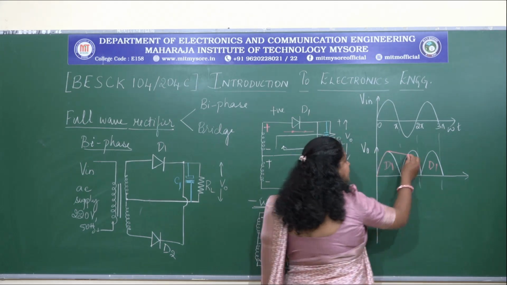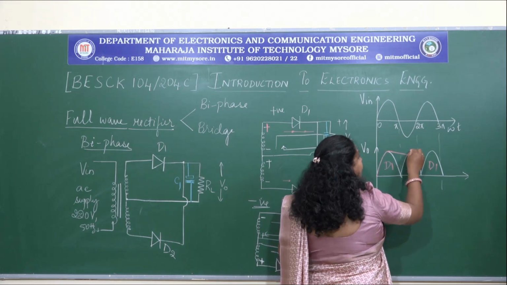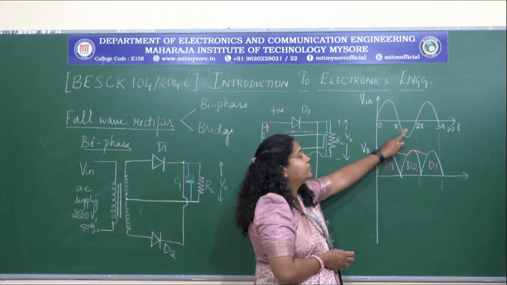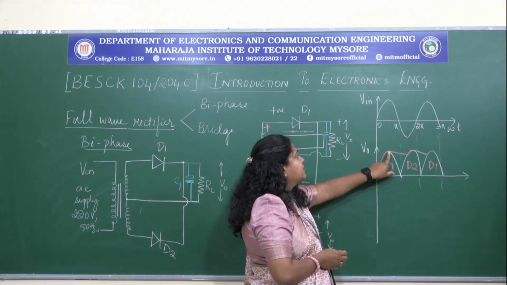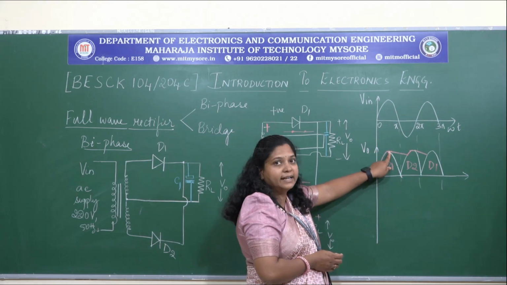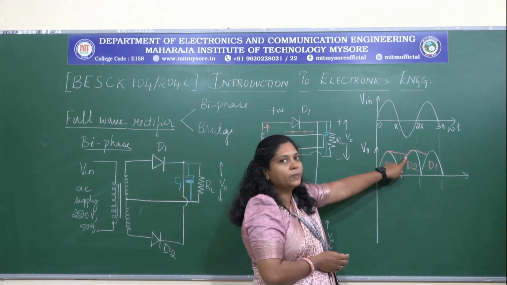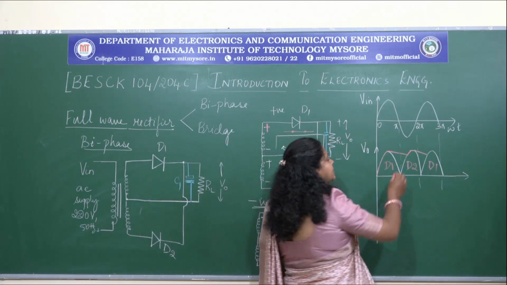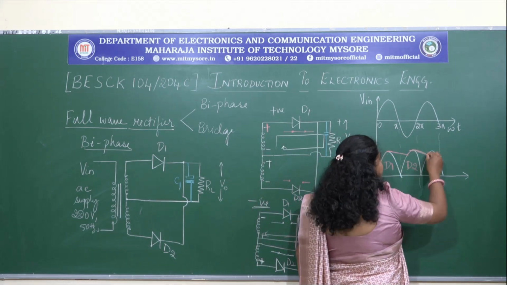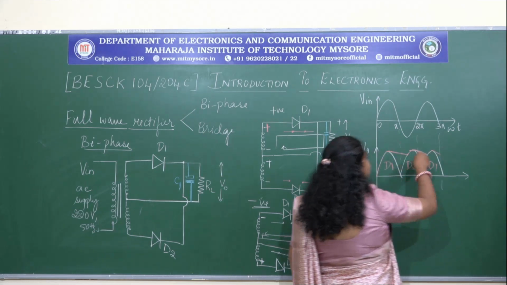Again it is going to discharge, again it is going to charge, and again discharge. This cycle does not wait for the next negative half cycle, as the diode is going from the peak value to its reverse value. At that instant itself the discharging is quick, and because of this quick discharging, it again charges due to diode D2, again discharges, again charges, again discharges.